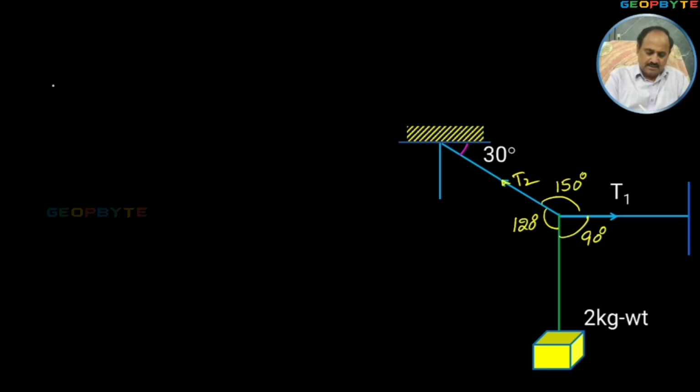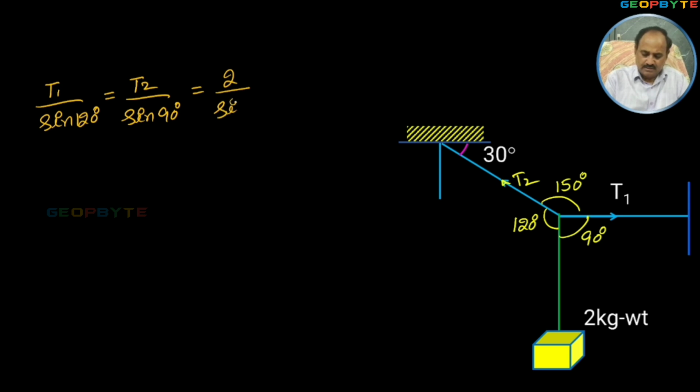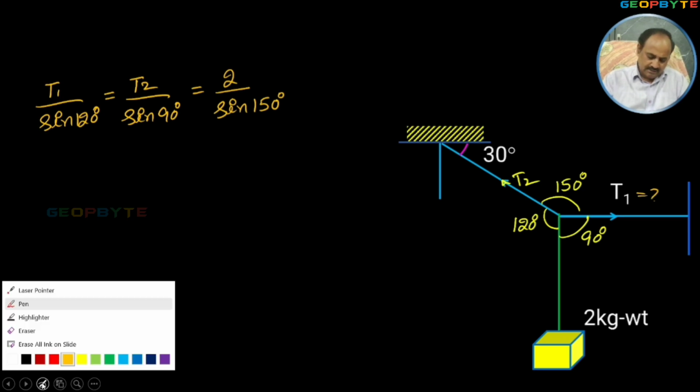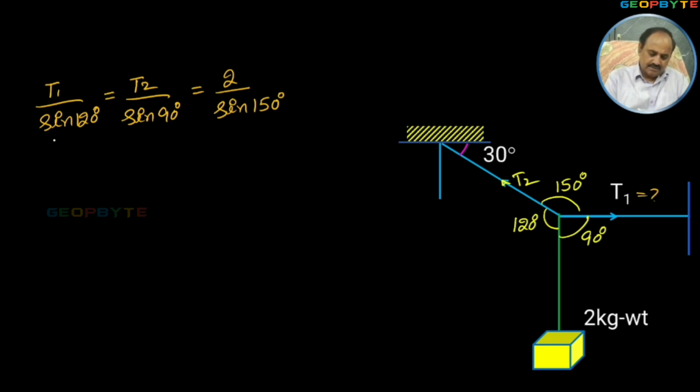It says that T1 by, listen carefully, T1 by sine of the opposite angle, that is 120, is equal to T2 by sine of the opposite angle, sine 90, is equal to the weight, that is 2 kg weight, divided by sine of the opposite angle, sine 150 degrees. Since you are asked to decide the T1 value, let us take the first relation and the last relation.